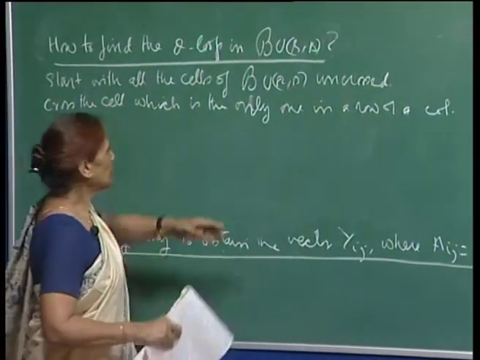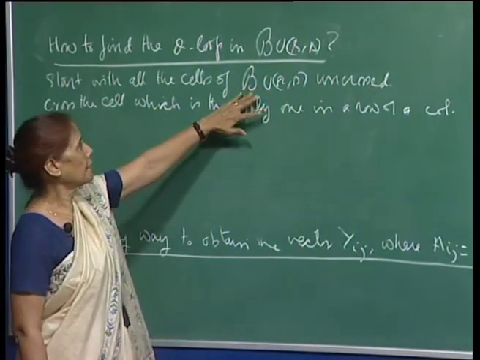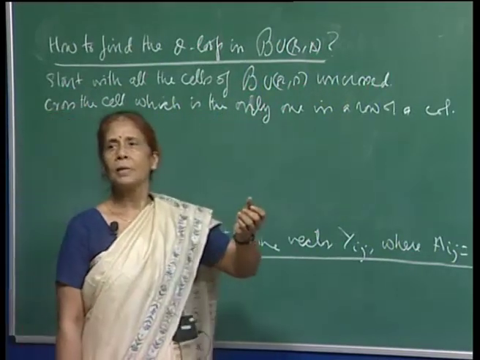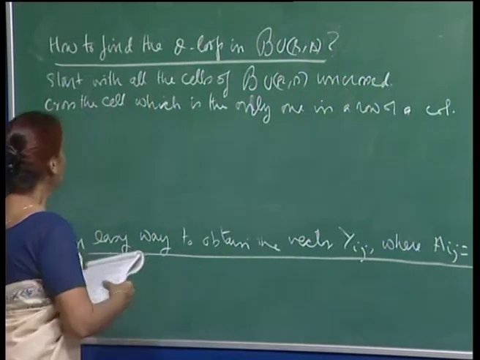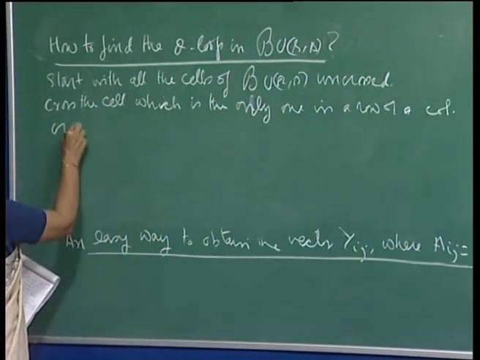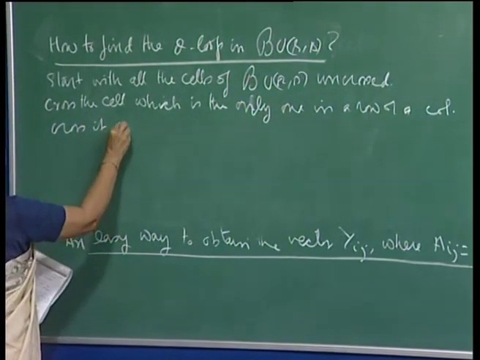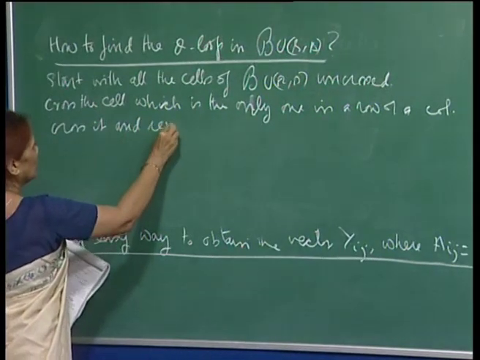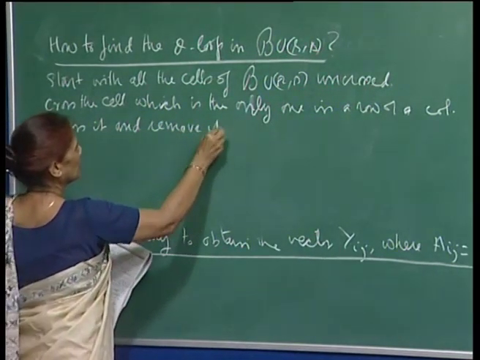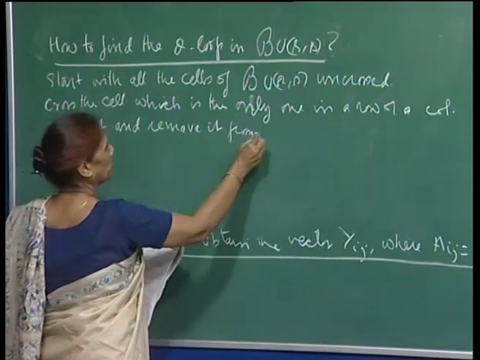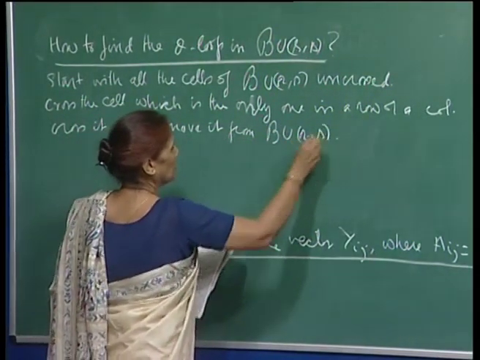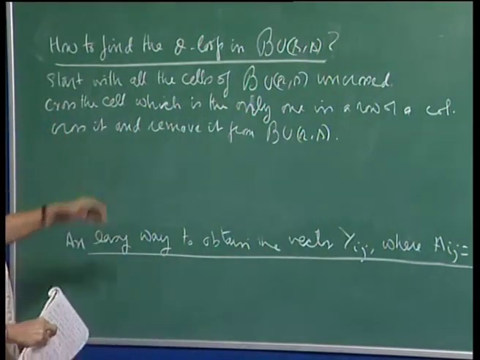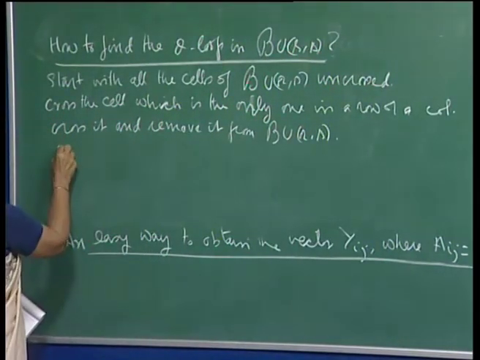Okay. So, out of this you will certainly find at least one cell which is the only one in a row or a column, right, and cross it and remove it from union R comma S, right, and then you repeat the same thing with the reduced set.